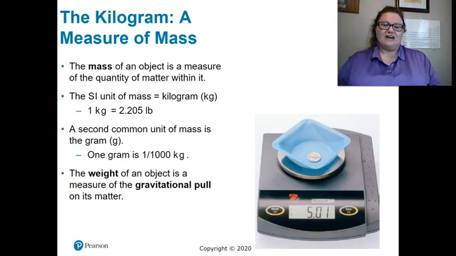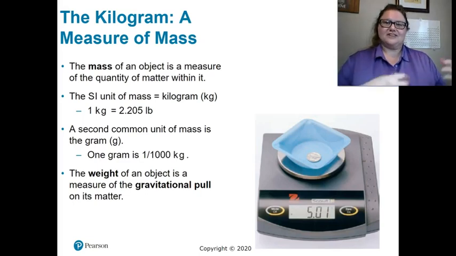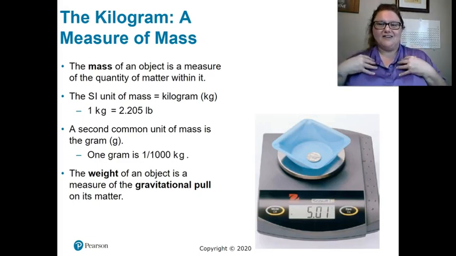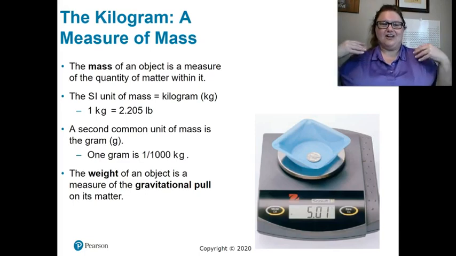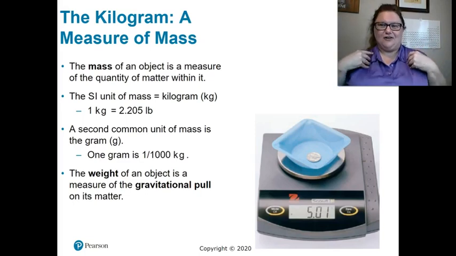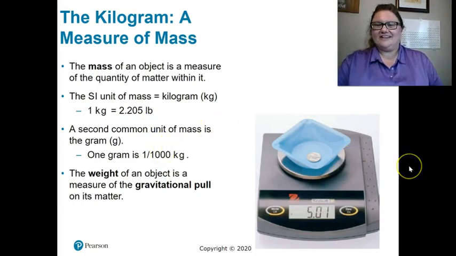With the moon not having as intense of a gravitational pull, your weight is less. But if we were to send you to the moon, hopefully you would make it there in one piece, you would have the same mass that you had on Earth as you do on the moon. And that's an example of why they're not interchangeable.